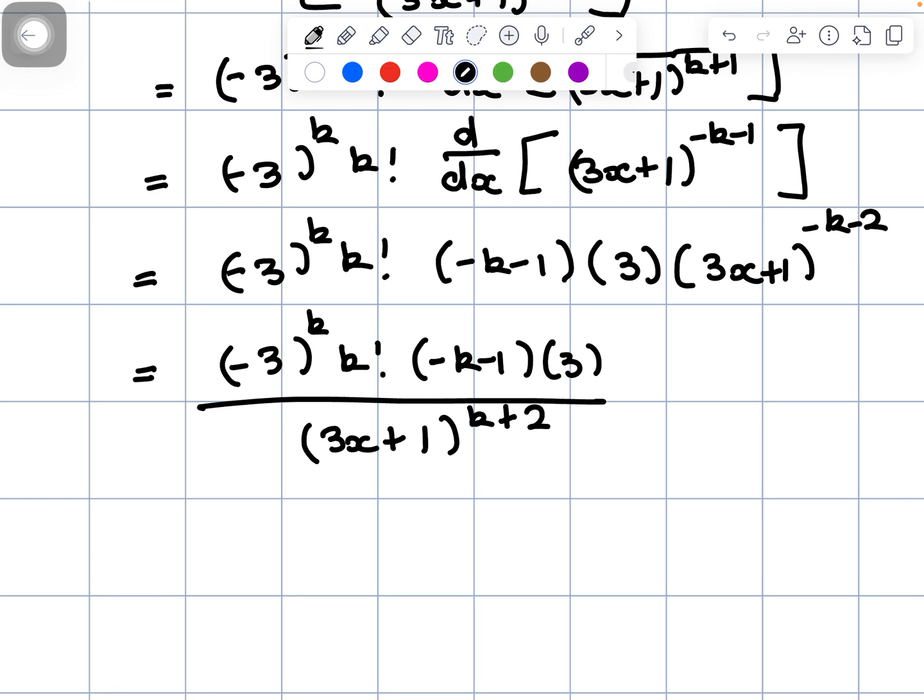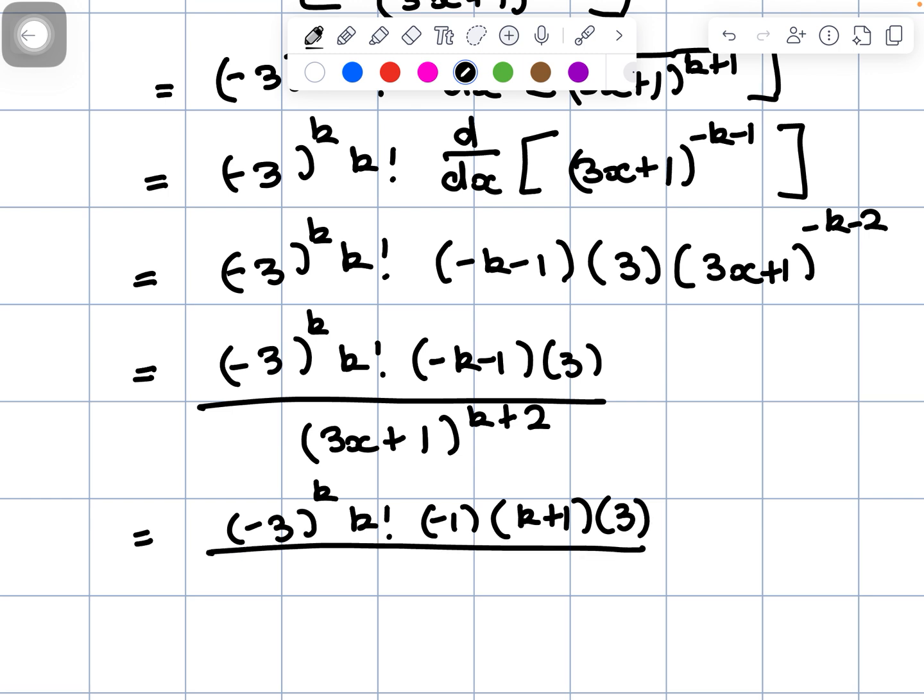what are we going to do? What we'll do next is we're going to group our terms. So minus 3 to the power k factorial, right? I want to factorize. In minus k minus 1, I want to factorize this minus 1 so that I have minus 1, then k plus 1, and positive 3.